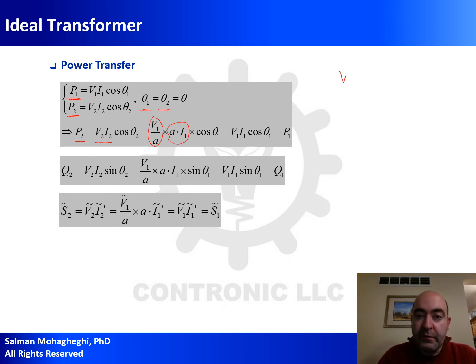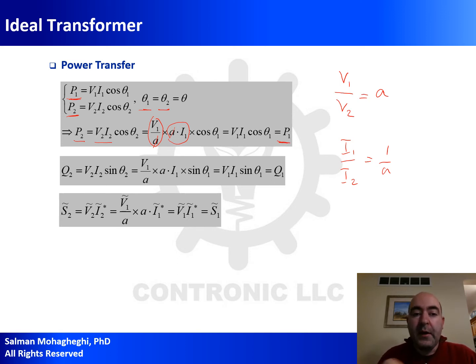Remember this, V1 divided by V2 was A, and I1 divided by I2 was 1 over A. This is how I got these two equations. So now I have a 1 over A and I have an A, so I can cancel these out, and this equation becomes V1 I1 cosine of theta 1, which is the same as P1.